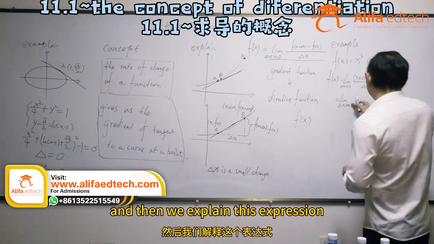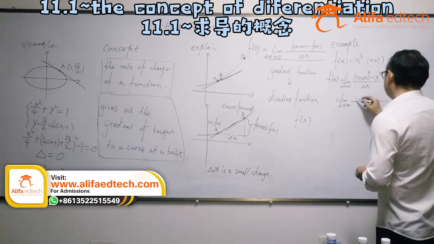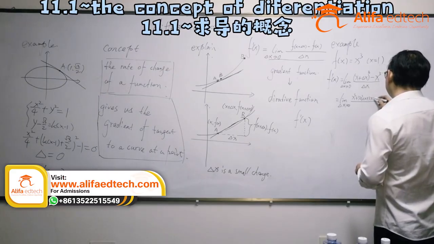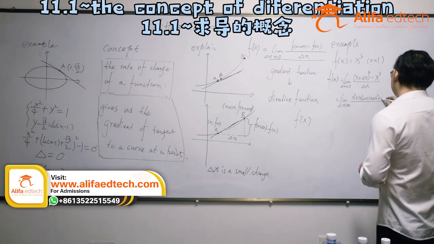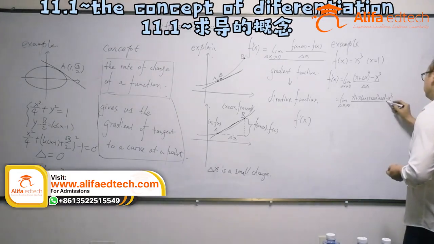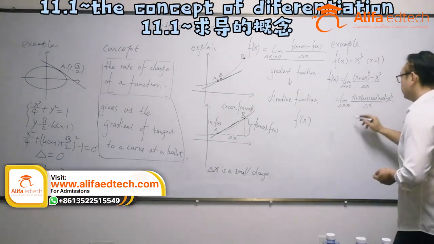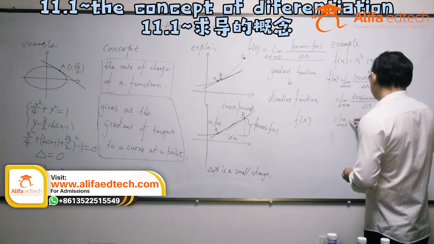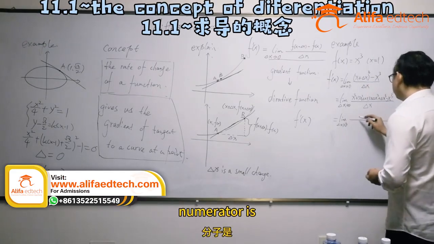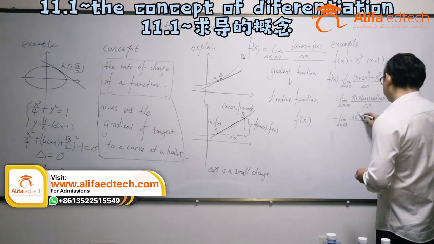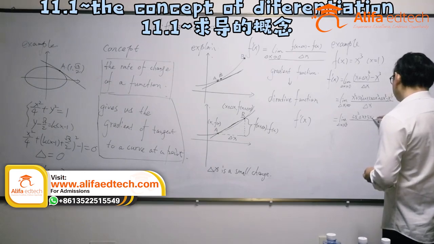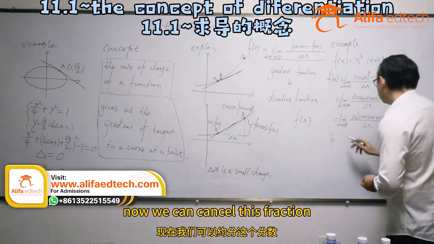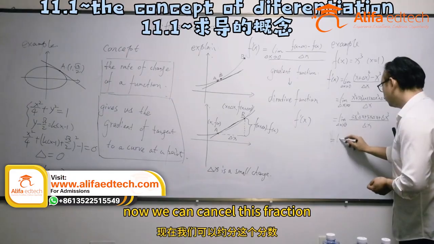And then we expand this expression. After simplifying, the numerator is this. Now we can cancel this fraction.